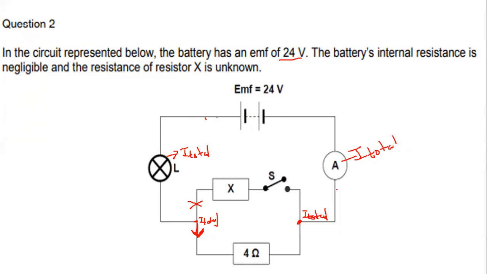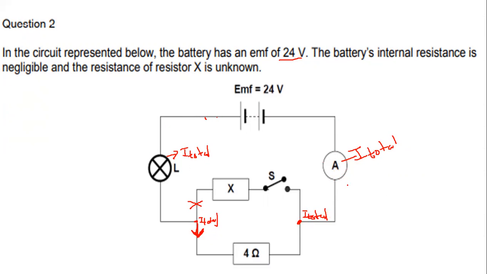Why will I have the total current? Because most definitely, my dear learners, we don't have current dividing at this point. Remember, the current will meet up there and it will still be the total current that is in the circuit. Are we together? So there we have the total current because the ammeter is always connected in series at that particular point.